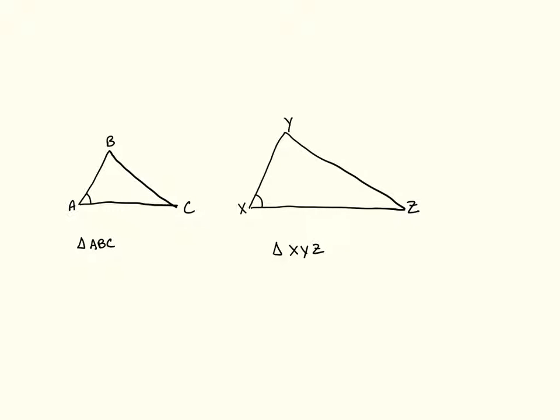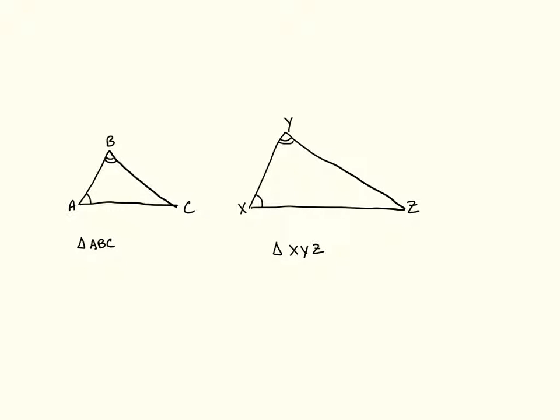Angle B is going to get 2 because we already used one line for A. So now we have to double up and use 2 lines for B because angle A and angle B are not equal. So angle B is going to be corresponding with angle Y.